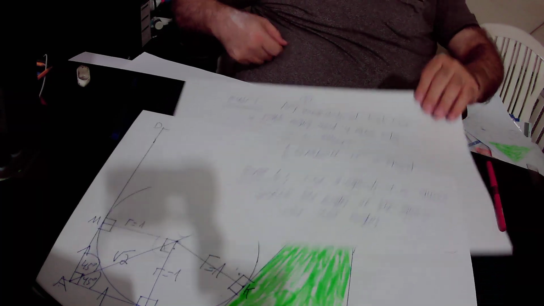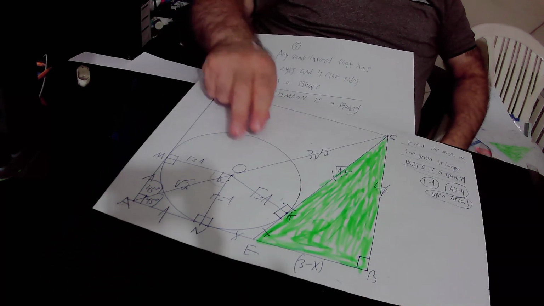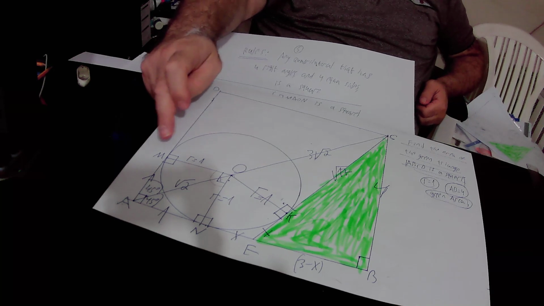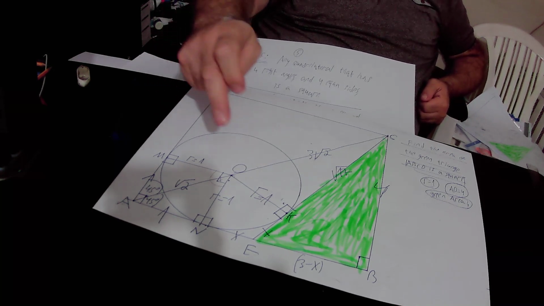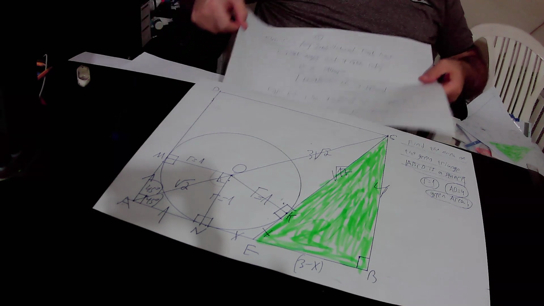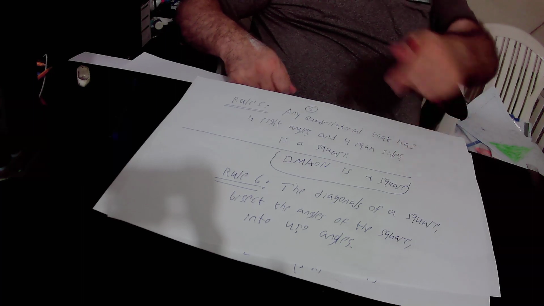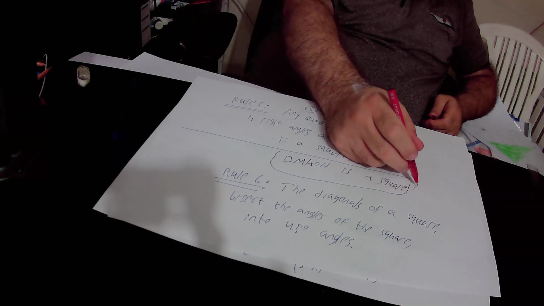And quadrilateral MOAN has 4 right angles and 4 equal sides. Therefore, quadrilateral MOAN is a square according to rule number 5.